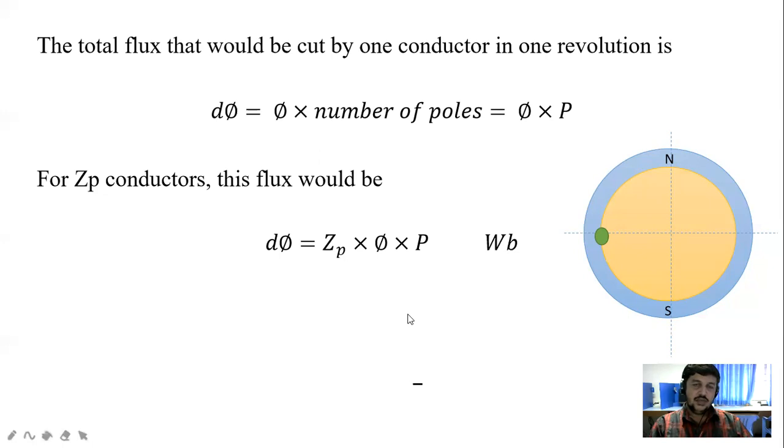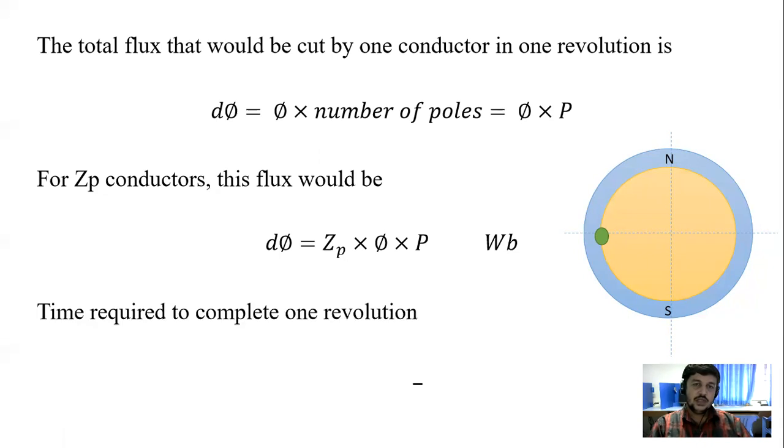Now we have to determine the amount of time required to complete one revolution. So the time required to complete one revolution can be determined from the value of speed of a rotor, that is value of n. So we consider n as a rotor speed in RPS.